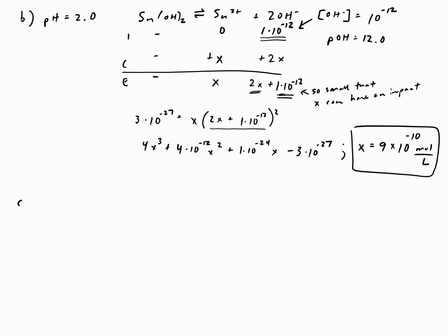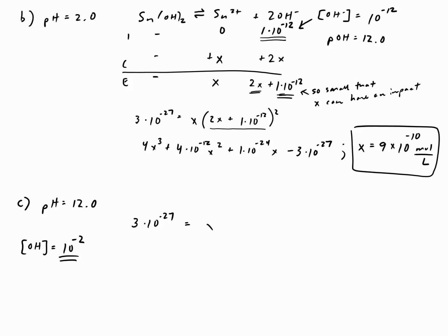Okay, so for part C, I have pH of 12.0. My ice table is going to be the same, so I'm going to skip my ice table on this. Now on this one, your OH is going to be 10 to the negative second. So your assumption rule should totally work because this number is too big for that KSP value to have an impact.